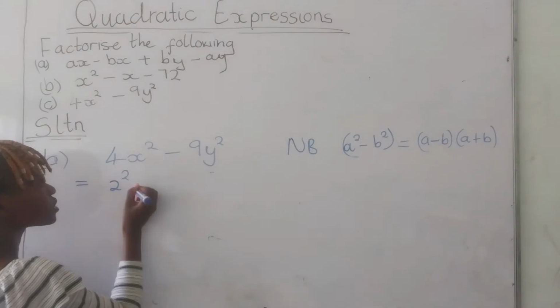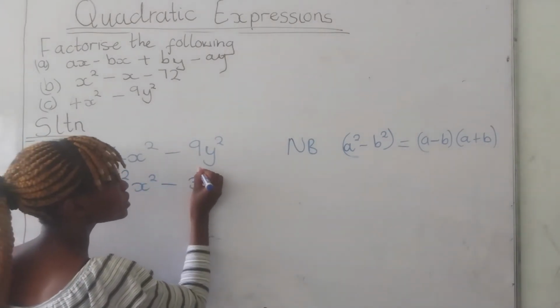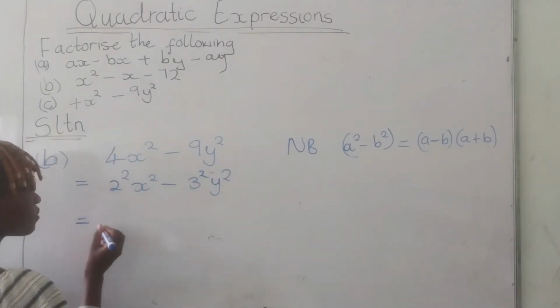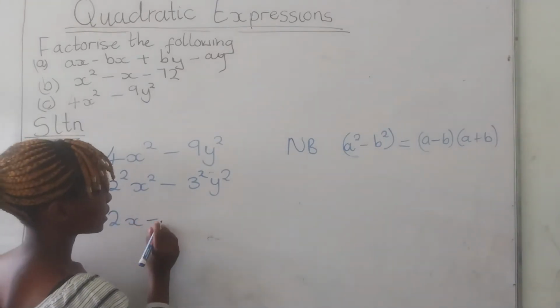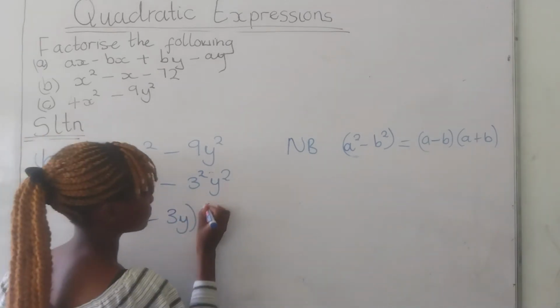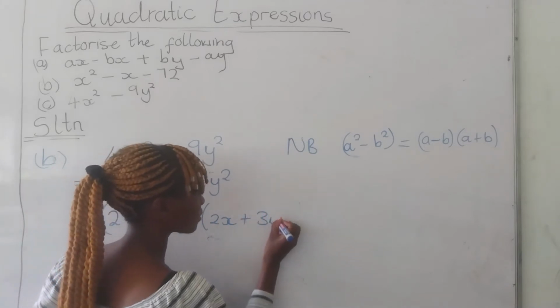So 2 squared x squared minus 3 squared y squared. If you simplify this, you get 2x minus 3y bracket 2x plus 3y.